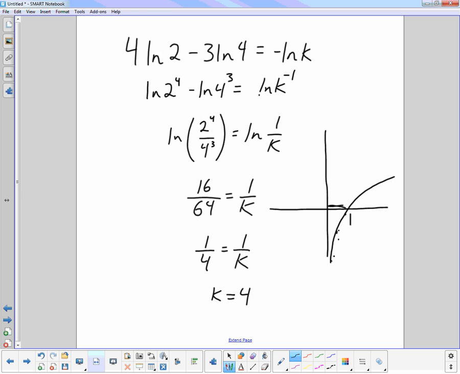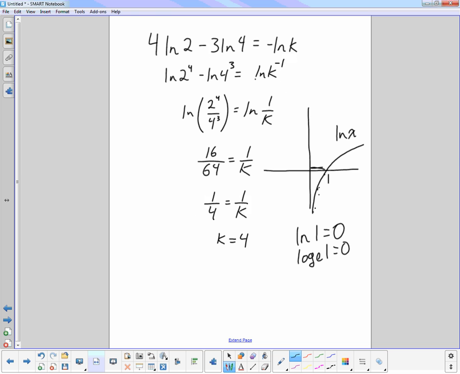Because remember, if this was the natural log of x, the natural log of 1 is equal to 0, and that makes sense because log base e of 1 equals 0, and e to the 0th is equal to 1, which we expect, okay? So under normal circumstances, no translations, movements, flipping, any of that stuff going on, you can't plug in a negative number, but you can get a negative number out, all right? And you can't plug in 0, but you can get 0 out, okay?